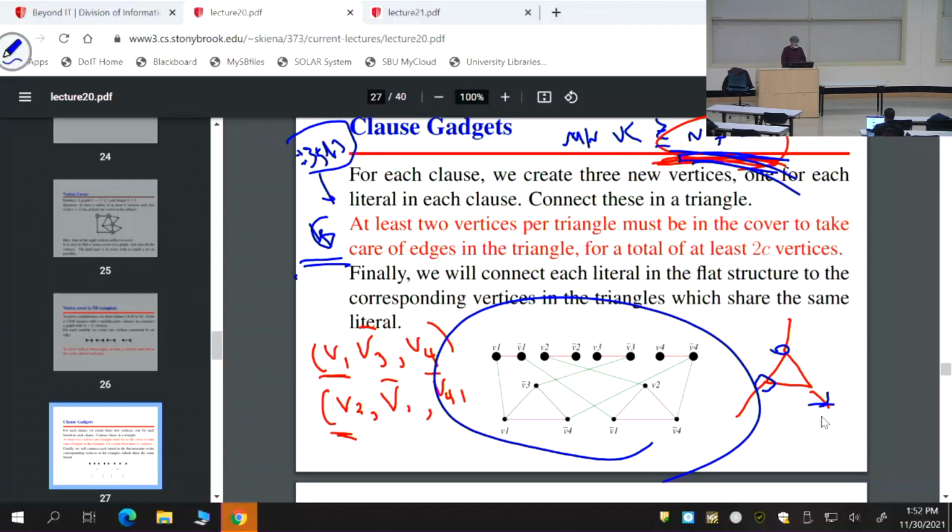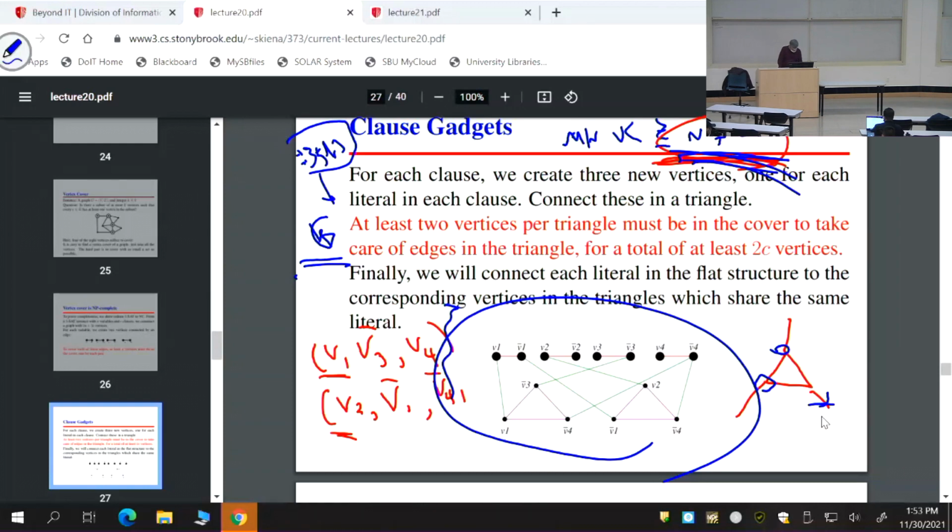And if I could come up with a fast vertex cover solver, this would give me a fast 3-SAT solver, wouldn't it? If I had a way to find a vertex cover quickly in a graph, I'd say, find me the minimum vertex cover.